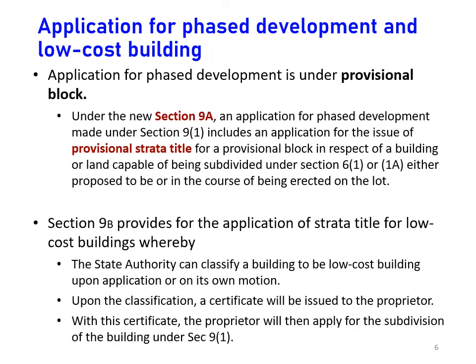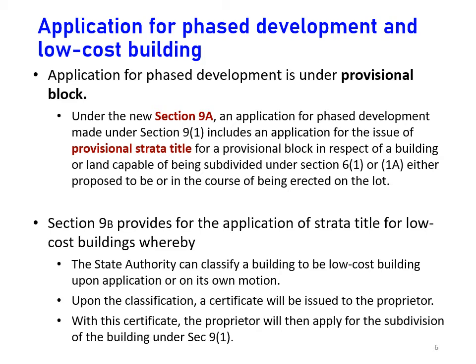Now, next is on the application for phase development and low cost building. As developments nowadays are complex, sometimes they are made in phases, berfasa, and also there's special provision for low cost building. Now, this is section 9A, this is section 9B.